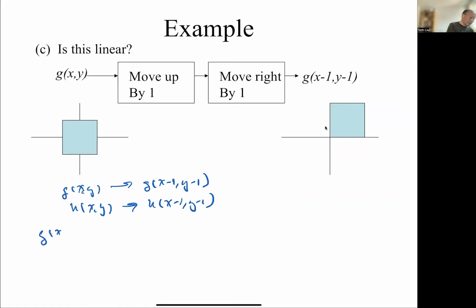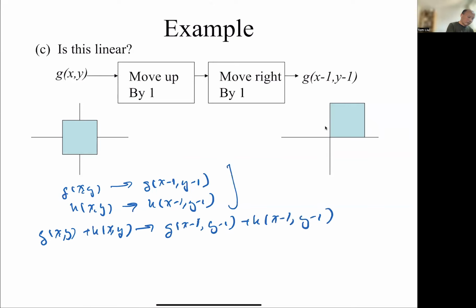And if I had g of (x, y) plus h of (x, y), that would just shift everything, right? g of (x minus 1, y minus 1) plus h of (x minus 1, y minus 1). And this sum is equal to that. So it does satisfy addition.